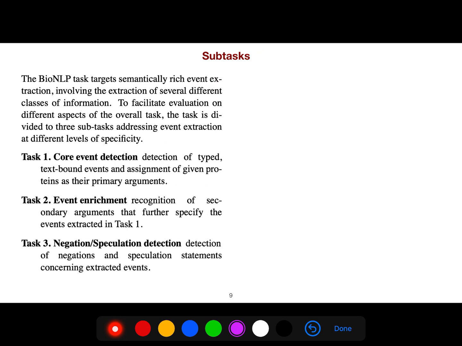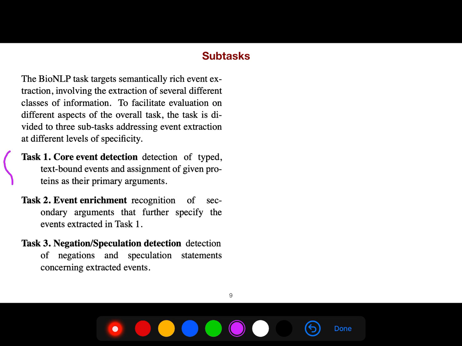The BioNLP task targets semantically rich event extraction, involving the extraction of several different classes of information to facilitate evaluation on different aspects of the overall task. The task is divided into 3 subtasks addressing event extraction at different levels of specificity.